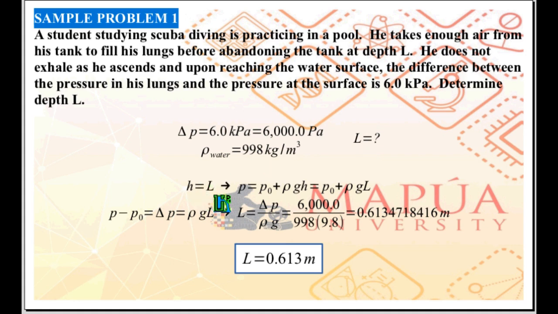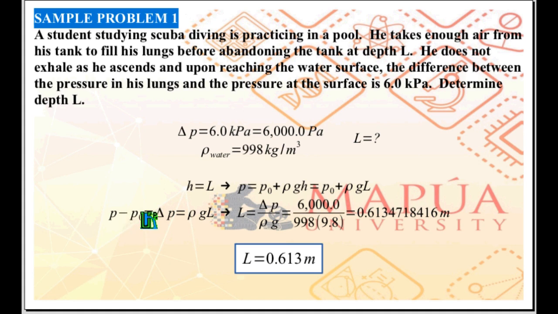Let H be equal to L. The pressure at depth L, that's basically the pressure inside the student's lungs. P is equal to P naught plus rho G H. H is equal to L, therefore, let's replace H with L. So we have P naught plus rho G L. Transferring P naught to the other side, P minus P naught.